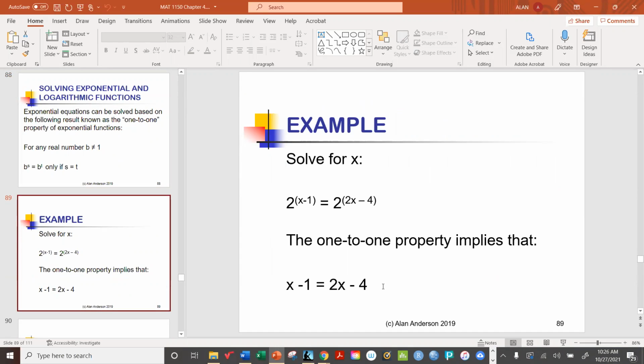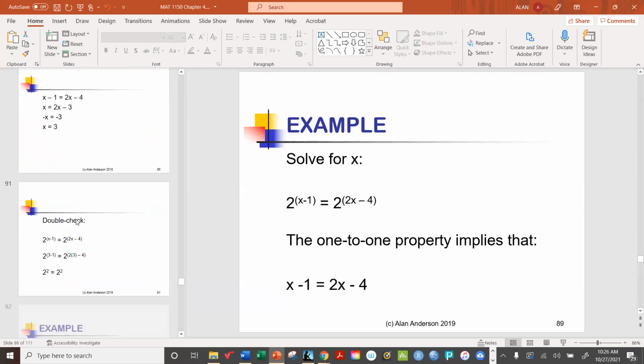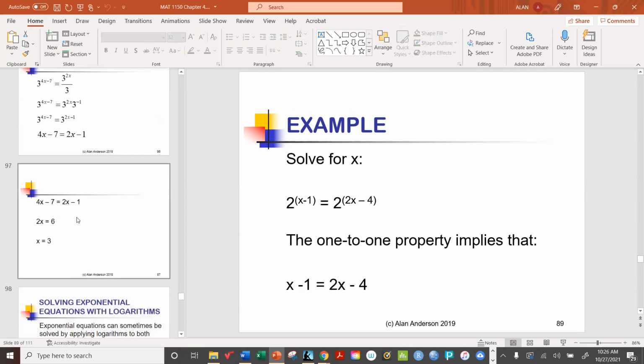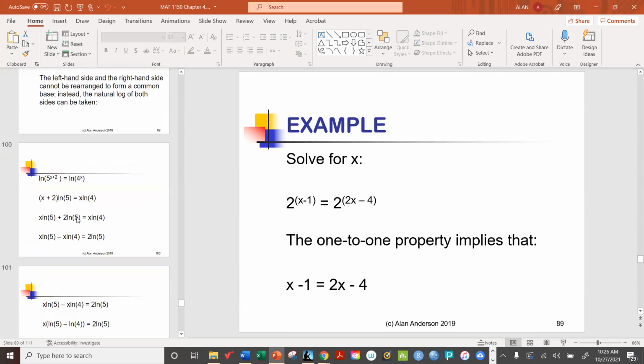Now, the reason why that's happening here, and we didn't mention this earlier, is because what you're really doing is taking the log to base 2 of both sides. And that's what reduces it to this. But you'll have something similar with logs.